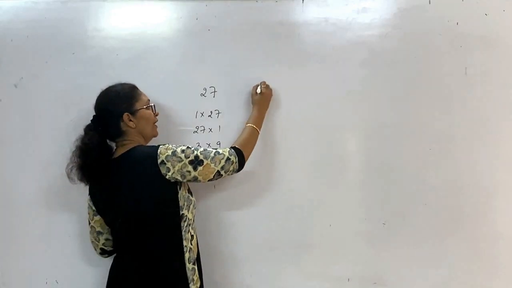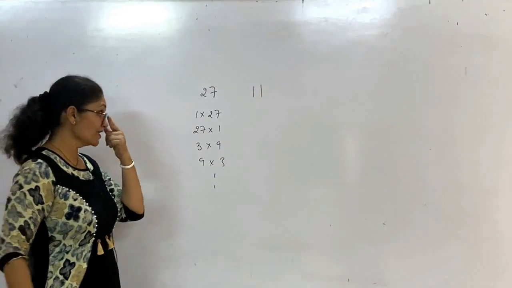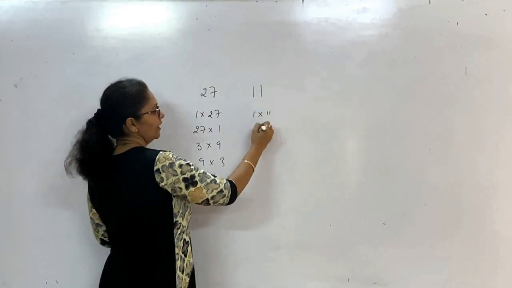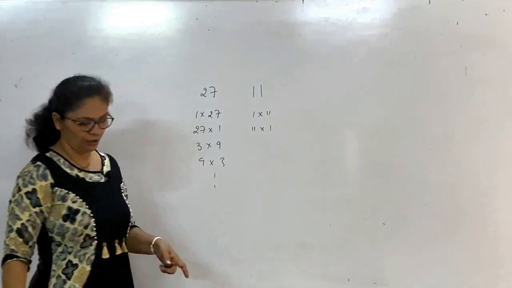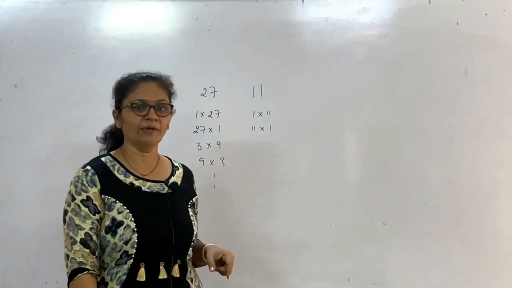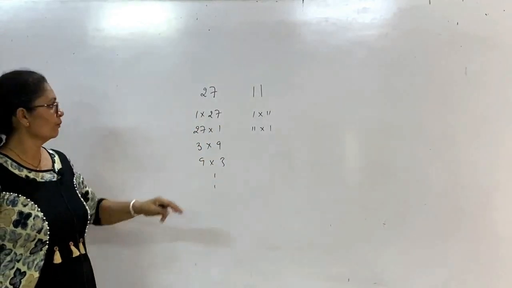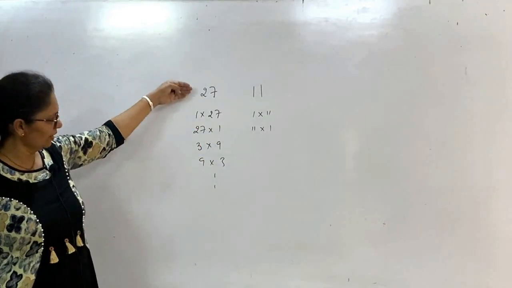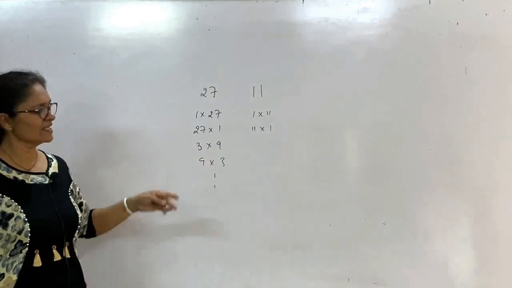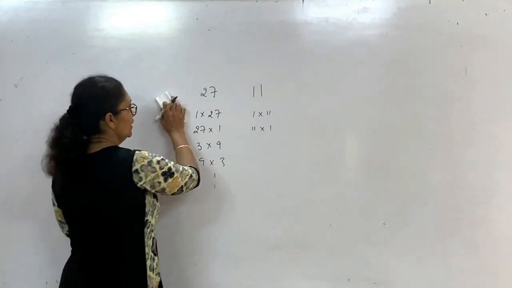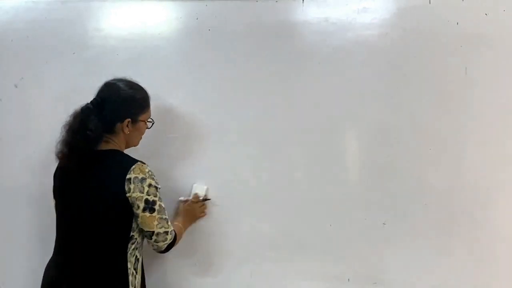But if we have 11 elements, only two ways: 1 into 11 or 11 into 1. So whenever we get a prime number, there are only 2 ways of writing the matrix. And if we have a composite number, we can write it in many ways, depending on how many factors we can form.